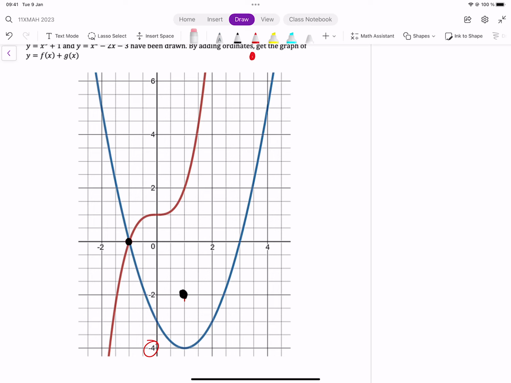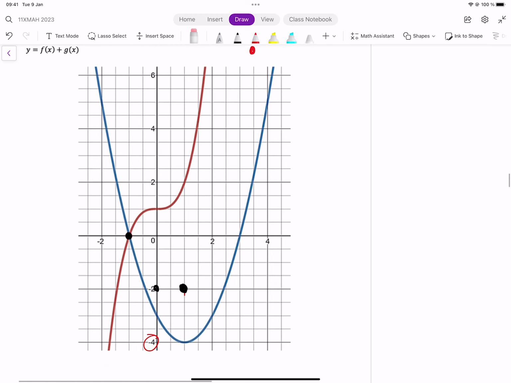Let's consider a few other values. Here I've got -3 down here, and up here I've got 1. -3 plus 1 is -2, so my graph is going to exist here. What else do I have? I've got my graph.